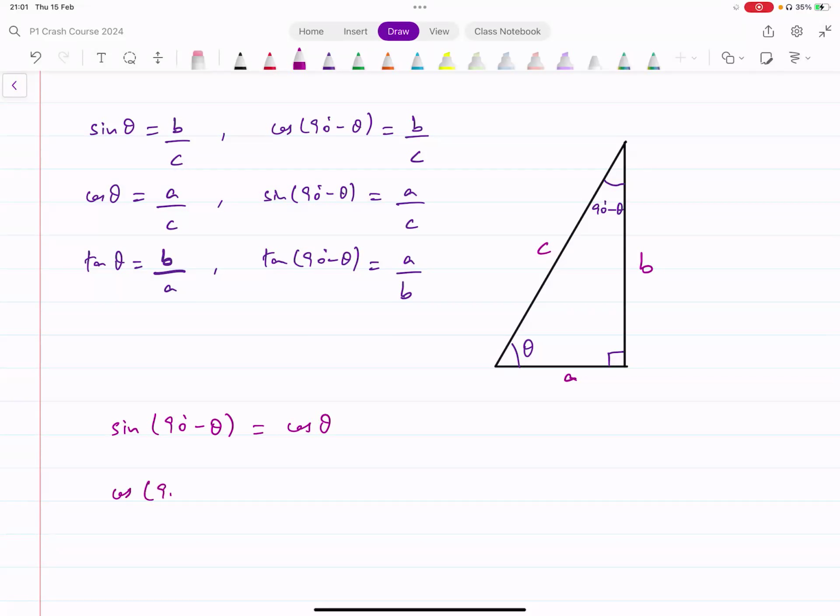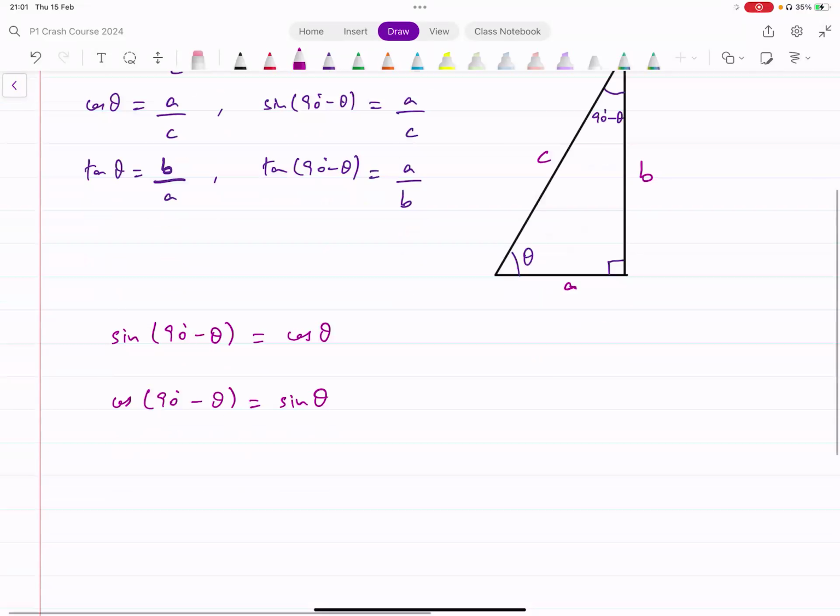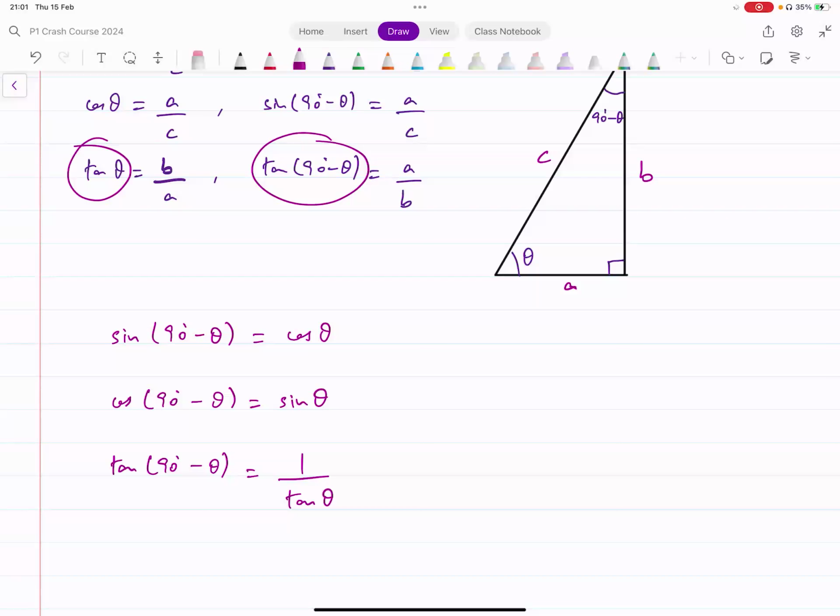Cos of 90 minus theta equals sine theta. And tan of 90 minus theta is equal to 1 over tan theta, because tan 90 minus theta and tan theta are reciprocals of each other.